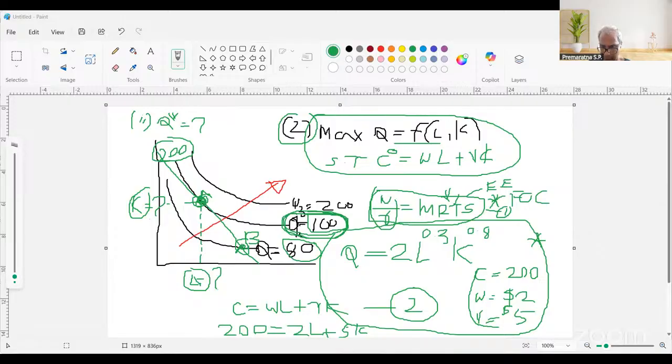Now here, what we have to find is the minimum budget. They also apply the same condition: if you use the direct method, W over R equals MRTS. And that becomes the first equation.